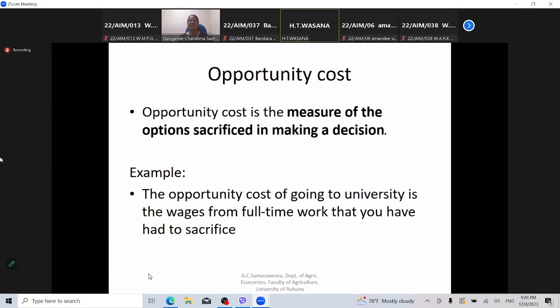Yes, madam. Then what is your answer, Vasana? Let's say you have the chance of doing a part-time job within this 2 hour period. Your salary is 5,000 then. But you came here to study or learn something in microeconomics.